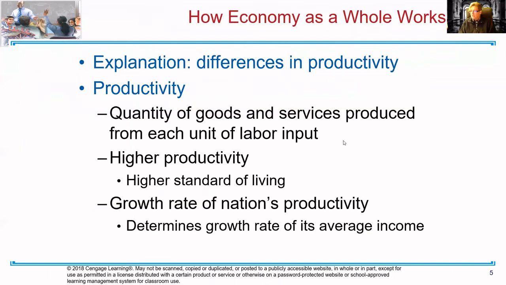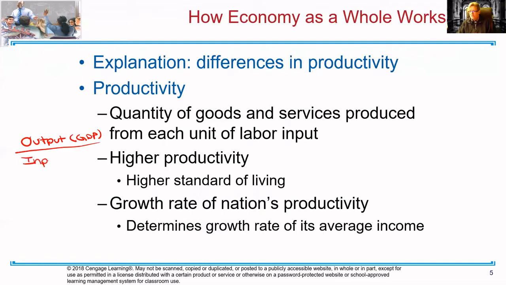Again, talking about the idea of productivity, a really easy way to talk about it, and we'll get into it more deeply in the macroeconomic course, is to simply say: what are our outputs, in this case GDP, divided by our inputs.